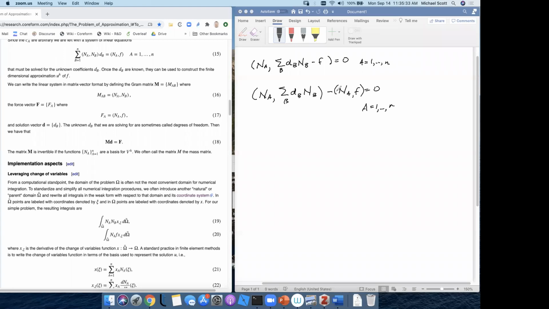We've leveraged the linearity. Now, let's go ahead and subtract this over to the right-hand side. Why do we do that? Because this is what we call known data. It's given. f is given data. So let's move the known data over to the right-hand side. Let's pull this sum out.